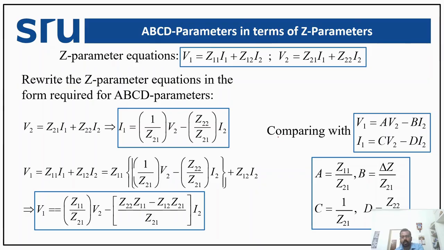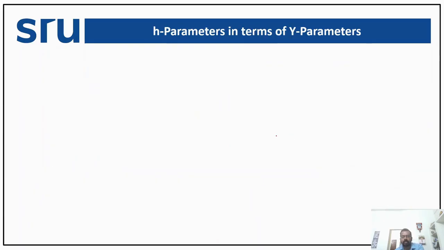Now we shall see another conversion, that is conversion of H parameters in terms of Y parameters. How do we start? First we need to write Y parameters, that is I1 in terms of V1 and V2.